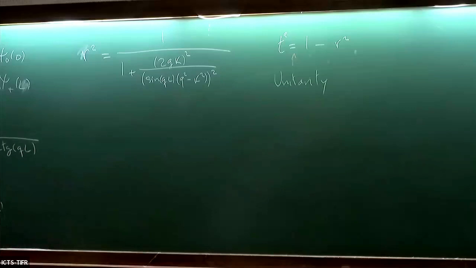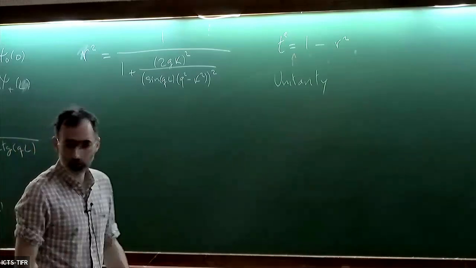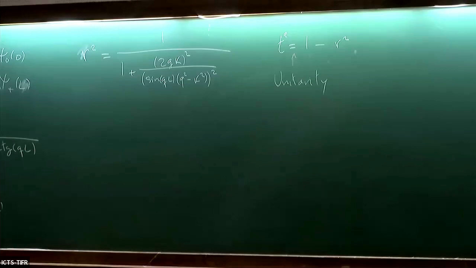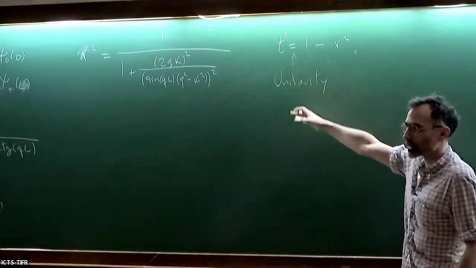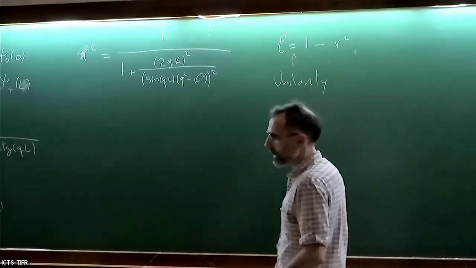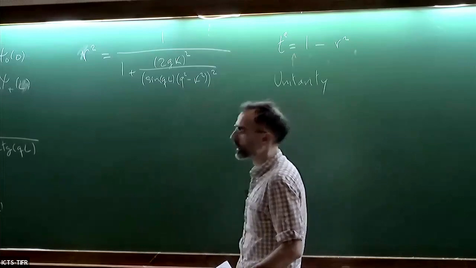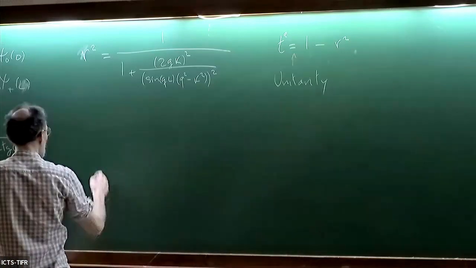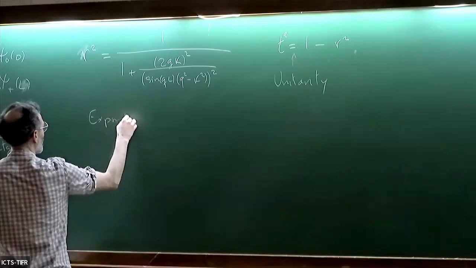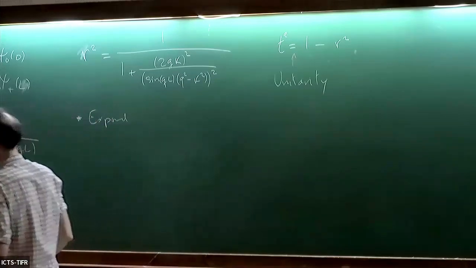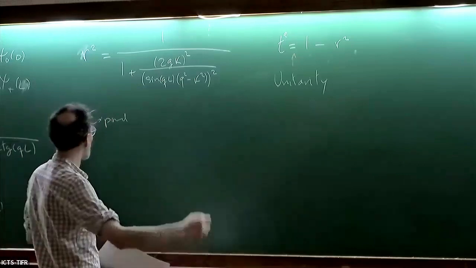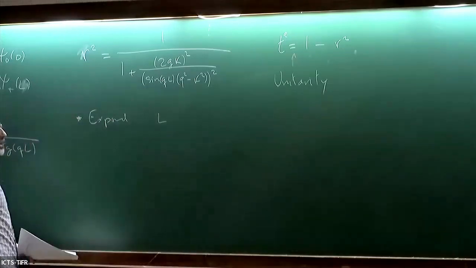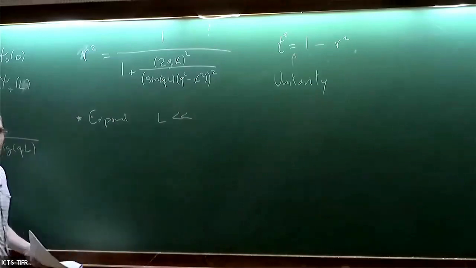But what we really want to do in here, provided we have enough time, and we do, yes, is to take all of that complicated expression that cost us a bit to find, and actually expand it in a Taylor series in the limit in which the width of that well, L, is very small compared to the incoming momenta K. So we're going to expand in L being much smaller.